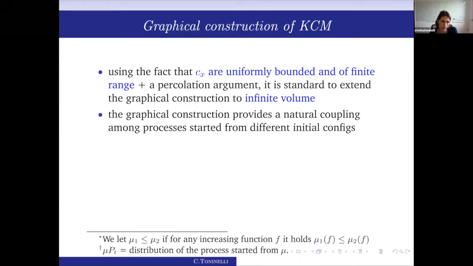And also notice that, as usual, the graphical construction provides a natural way of coupling processes started from different initial configurations, in the sense that I can consider two initial configurations and let them evolve on the same space with the same realization of the coin tosses, so this Bernoulli variable that determines whether I update to 0 or 1, and of the clock rings.